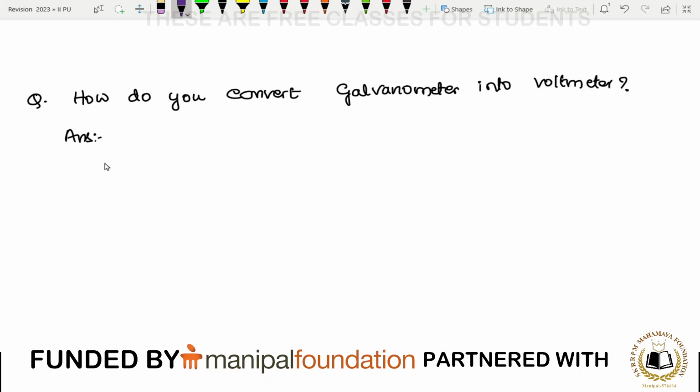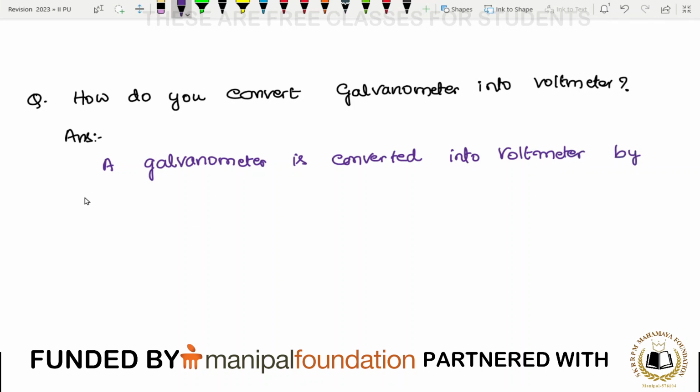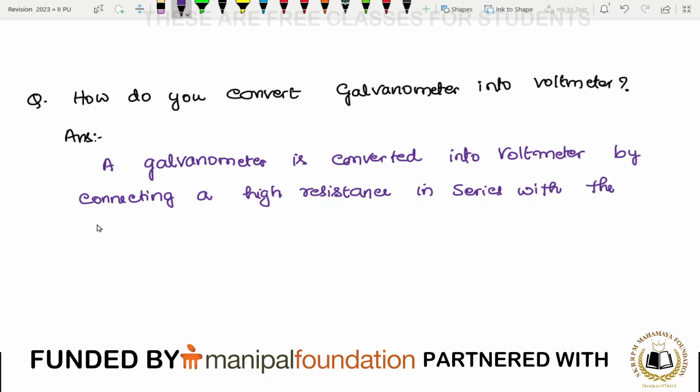So right here now, a galvanometer is converted into a voltmeter by connecting a high resistance in series with the galvanometer.